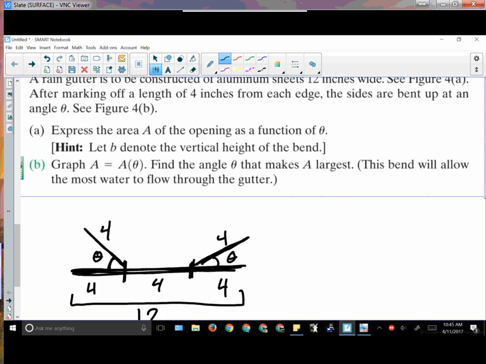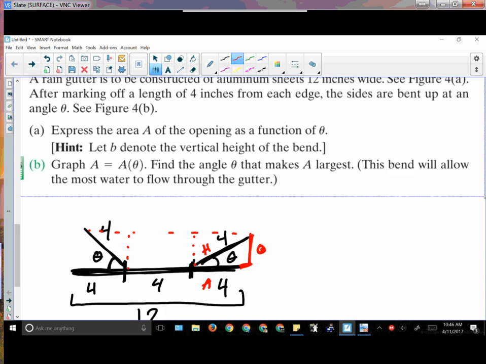So what does the area look like of this? I draw this out across here. We know that this here is going to be the same as this height over here. So this is our opposite, correct? Opposite, right? This is adjacent, and that's hypotenuse.